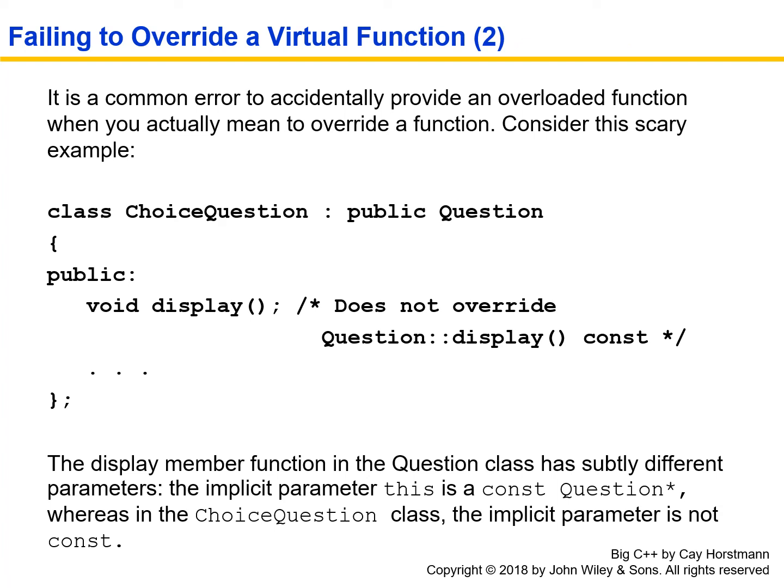What happened here? Somebody forgot to add the keyword const at the end of the void display, and because that has a different implicit parameter, it's a question and not a const question, that doesn't override, it just adds another version of display.